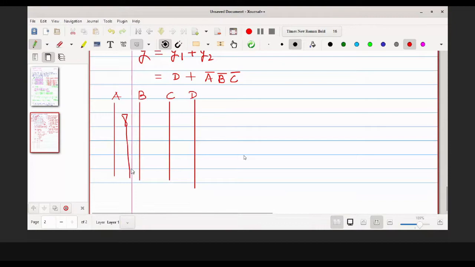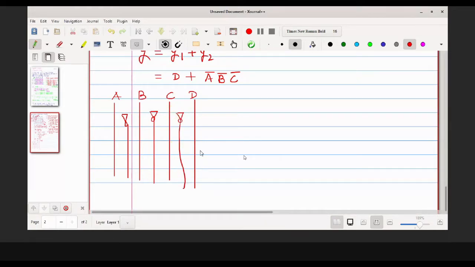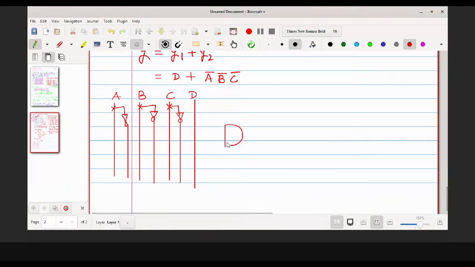So it is a NOT gate for A bar, again a NOT gate for B bar, and a NOT gate to get the C bar. Connect them properly. So now it is A bar, B bar, C bar.